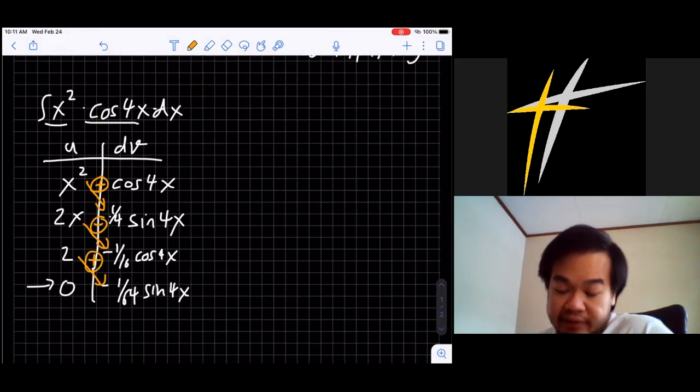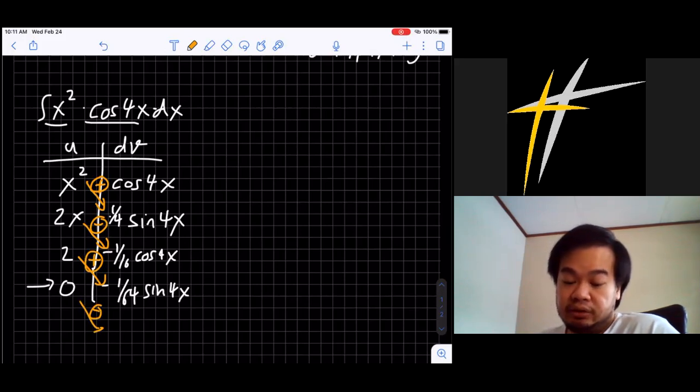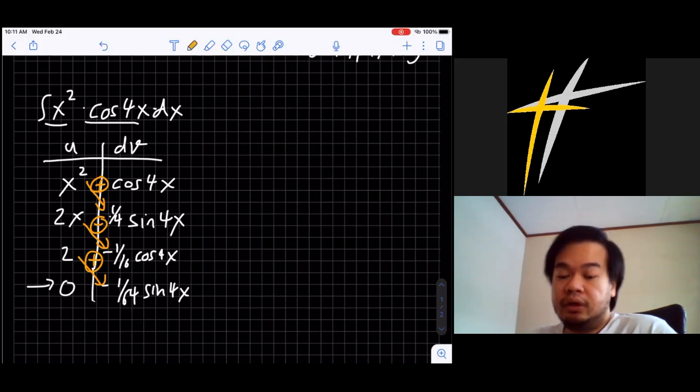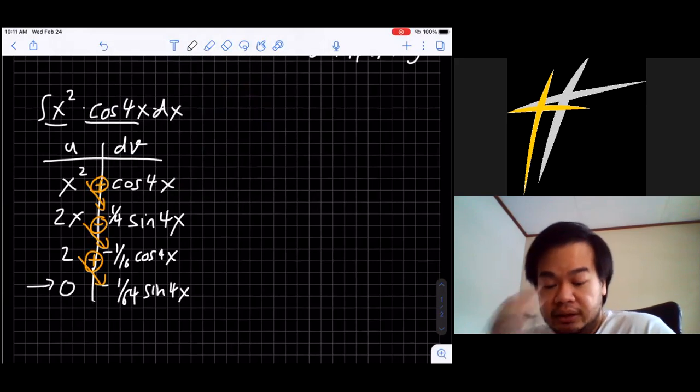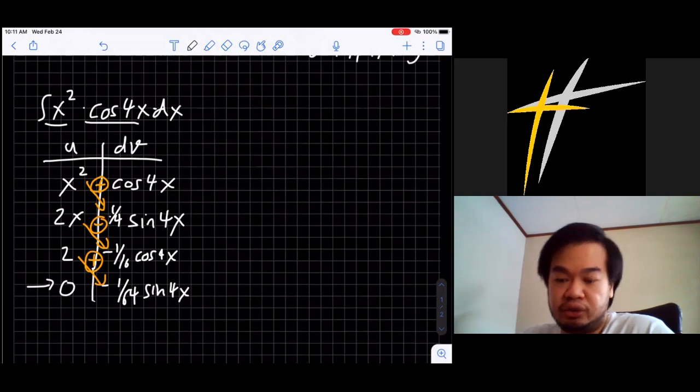If there were another row, this next one would be negative, but because we stop at 0, this one is not necessary, so we will erase it. And then we multiply the two functions together along each cross.